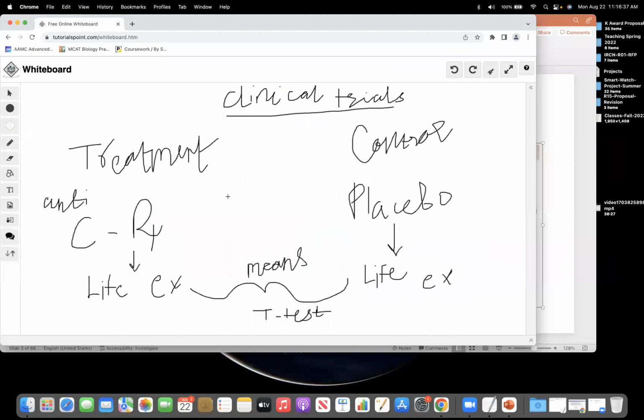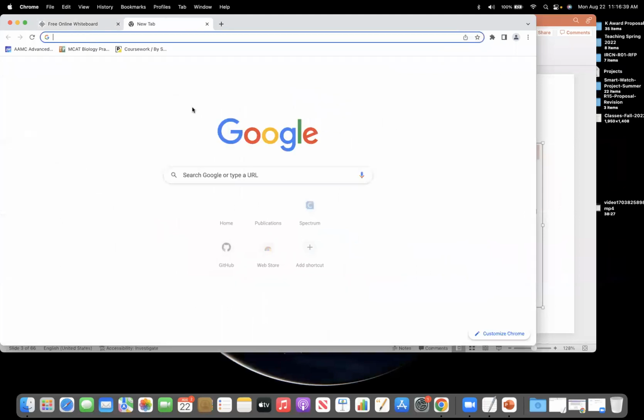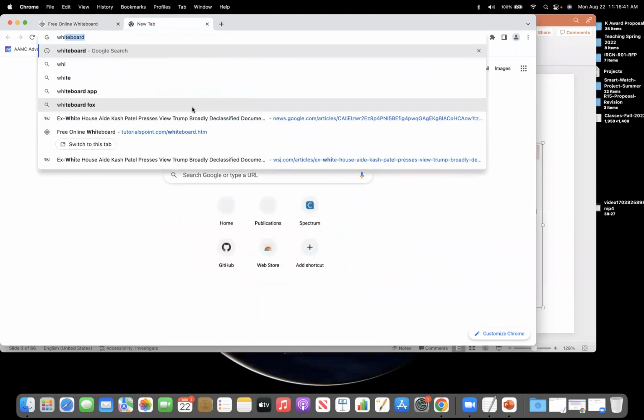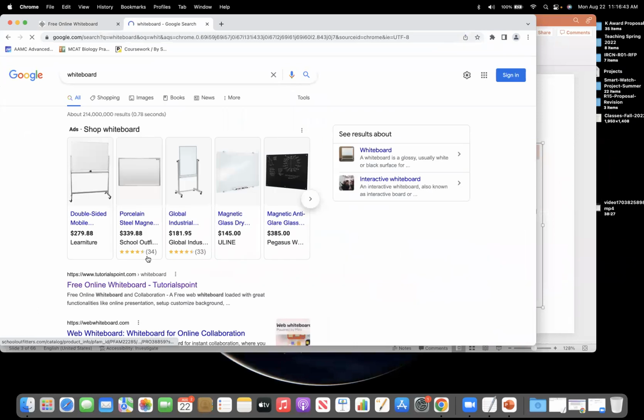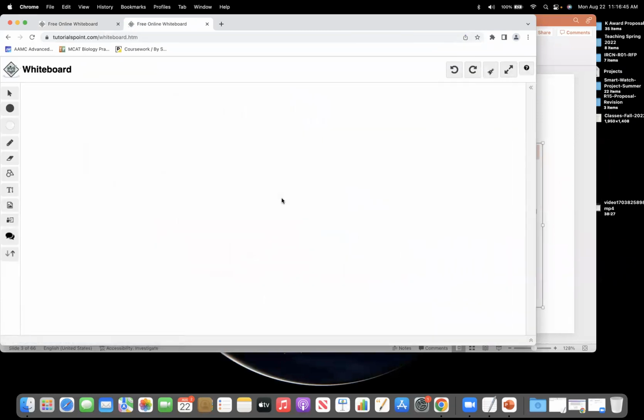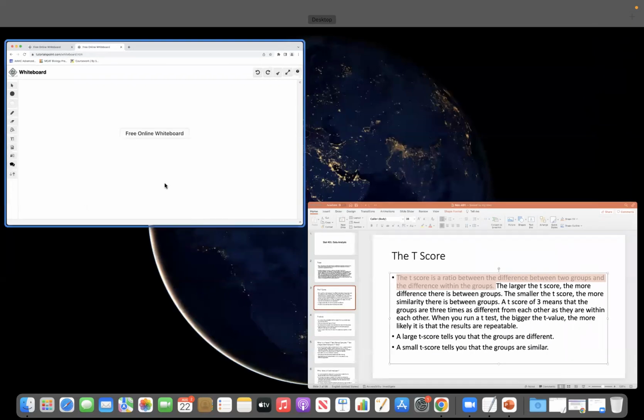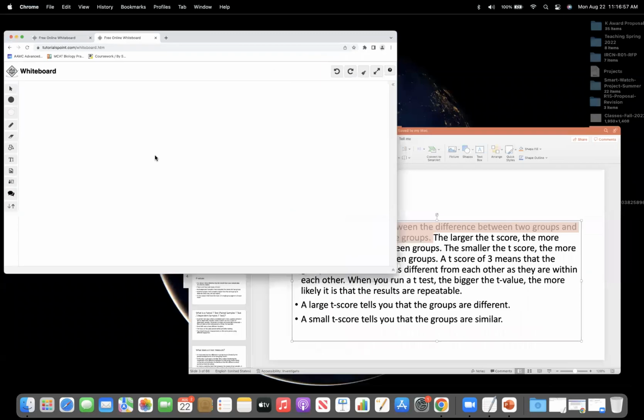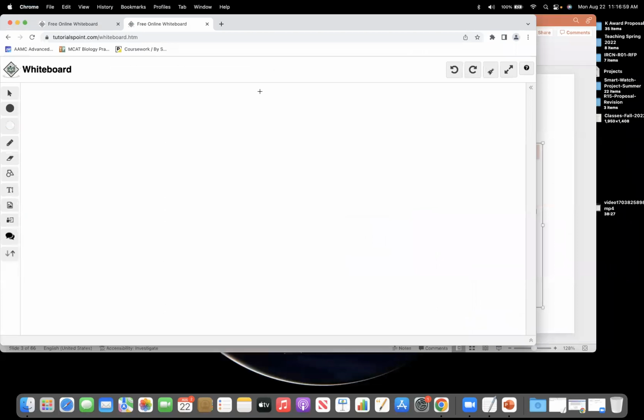So let's see, if we look into another example, say you have two groups.